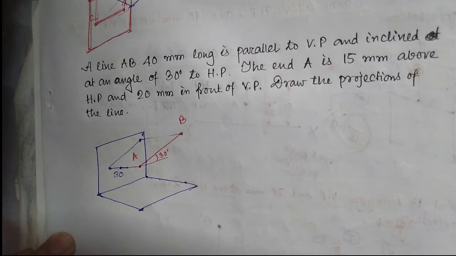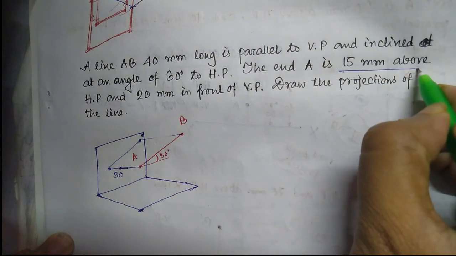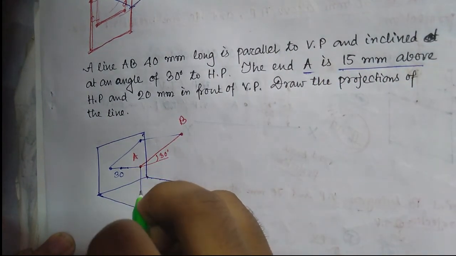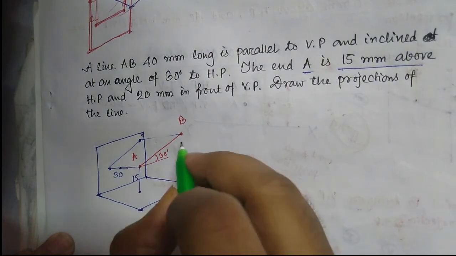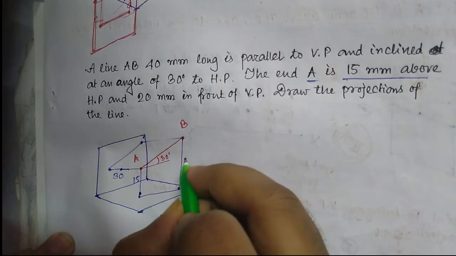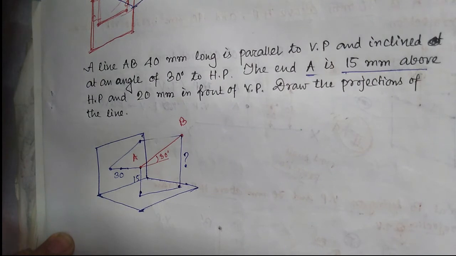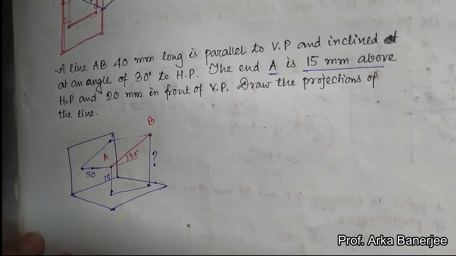It is not 20 millimeter, it is 15 millimeter. A is 15 millimeter above HP. So this length is 15 millimeter above HP, and this length is not given, but we don't need to worry because it will automatically be available to us.